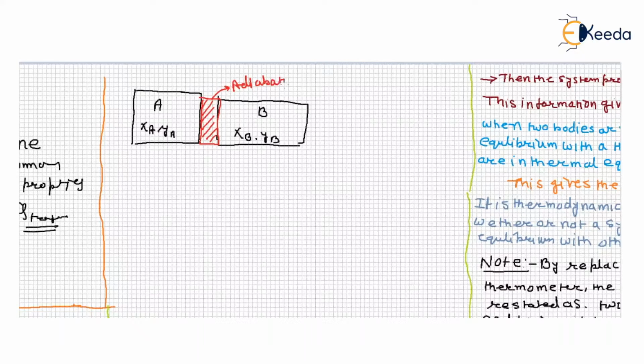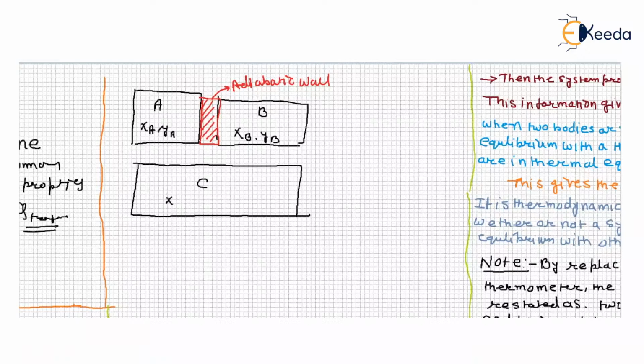If we contact with a third body C of a property XC and YC with a diathermic wall, this is your thermic wall, right?